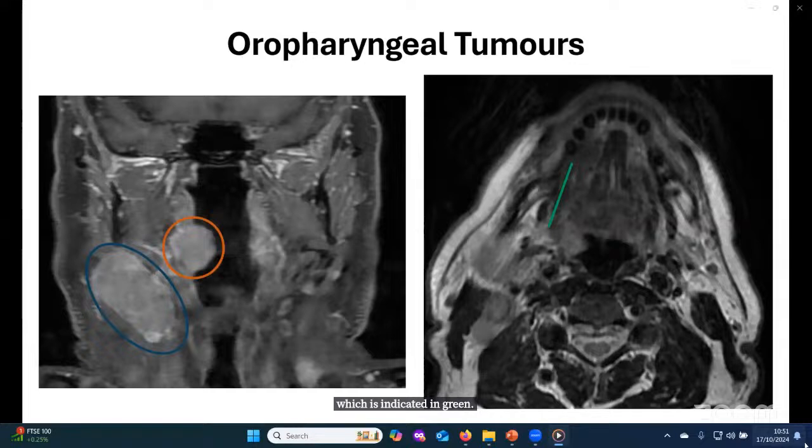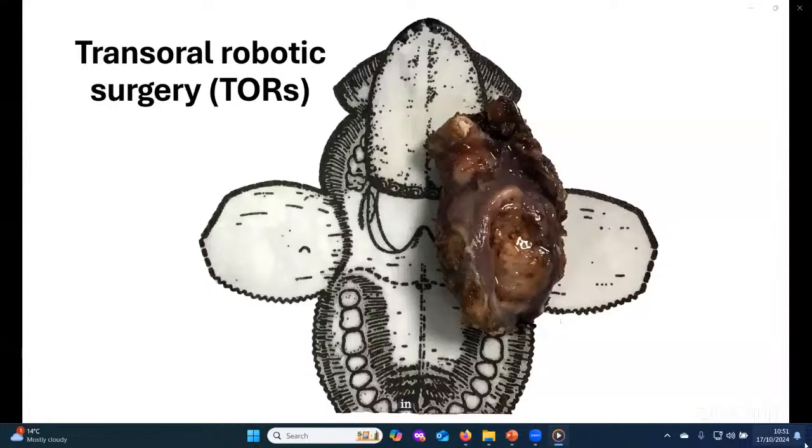Just medial and posterior to this is the tumour involving the inferior pole of the tonsil, and there is no radiological evidence of muscle involvement in this example.